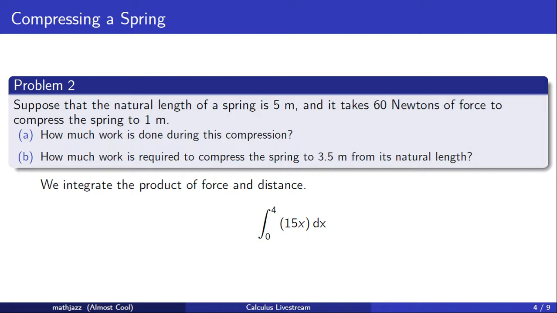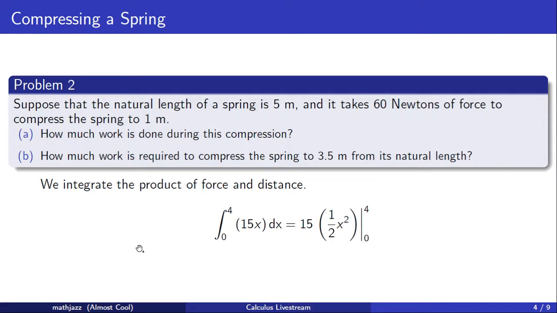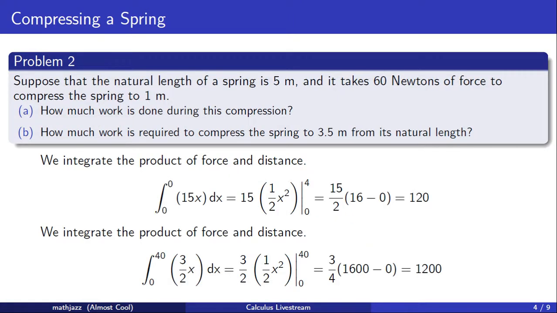Now, like we discussed before, we have to integrate from 0 to 4. That is, it started off with no compression, and it's going all the way up to 4 meters of compression. We're integrating 15x, our force function, and dx is our differential distance. And that's not a hard integral. We use the power rule to get an antiderivative. We plug in our values.